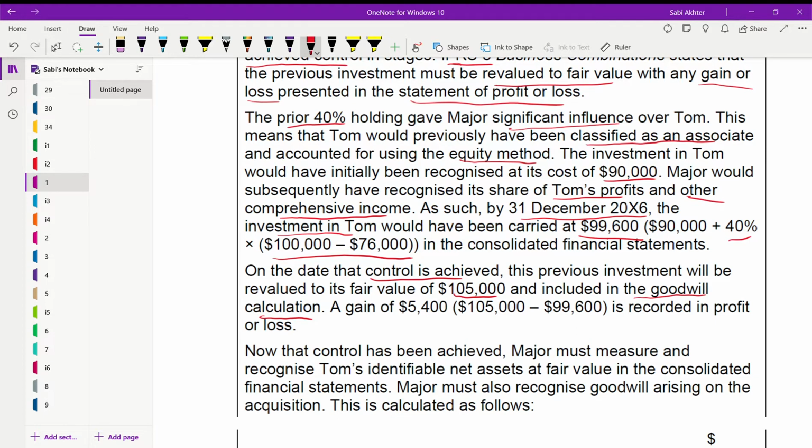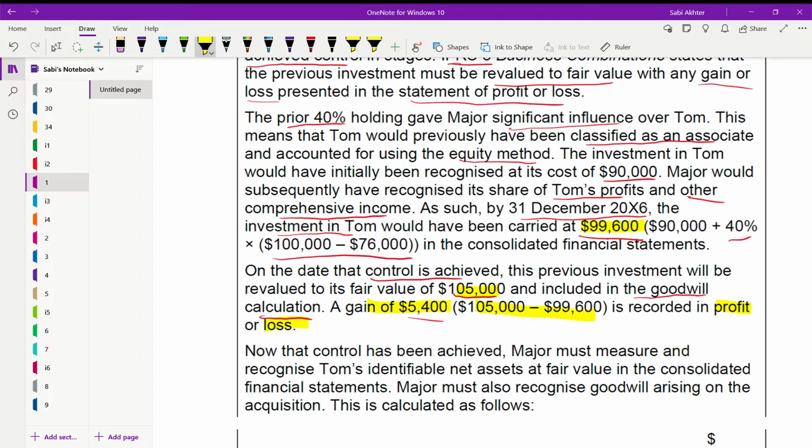That's why you need this fair value of the previous investment. So what is the gain? 5,400. How? Because remember when we calculated the associate, it was 99,600. So now it is fair value of 105. That difference is known as the gain. It will be recorded in the profit and loss.